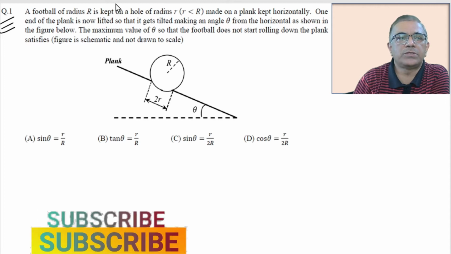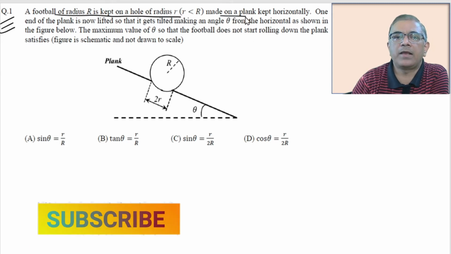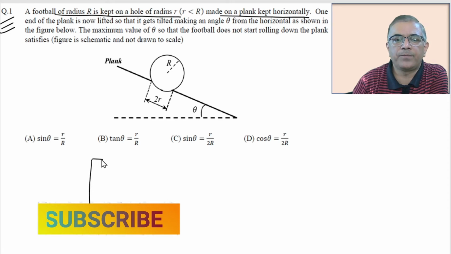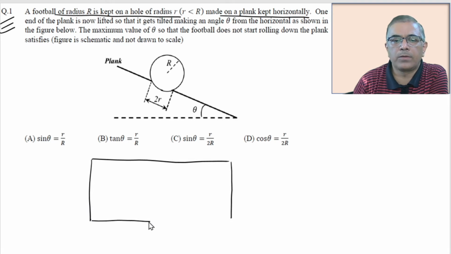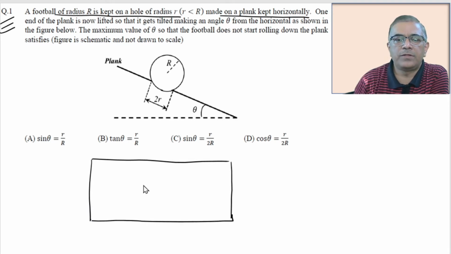According to the first question, a football of radius capital R is capped over a hole of radius small r, and this hole has been made on a plank which is kept horizontally. So over here is a plank, somewhere within this plank there is a hole of radius small r, and a football of radius capital R is capped over this hole.